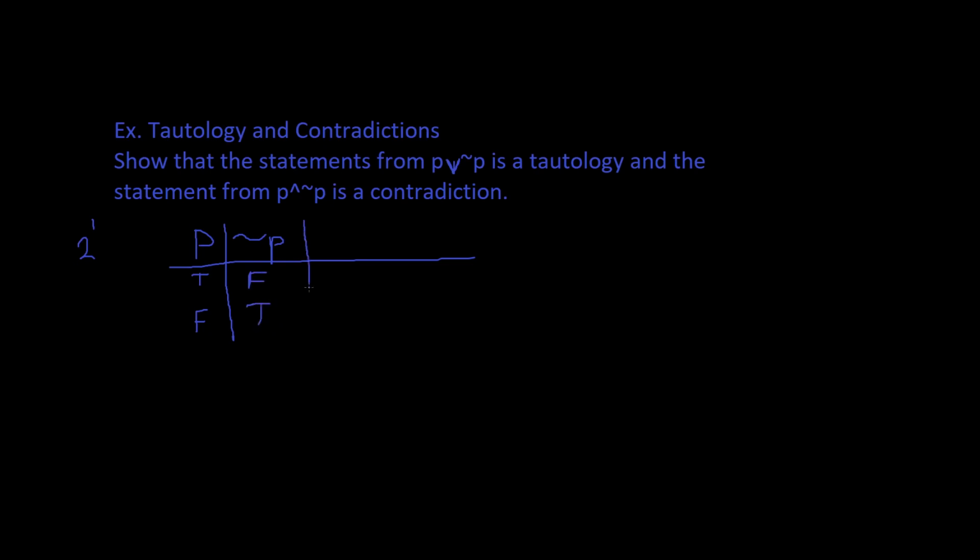Now we have two separate compound statements that we need to formulate into this truth table. The first question posed is to show that the statement form P or negation P is a tautology. Let's do that one first.